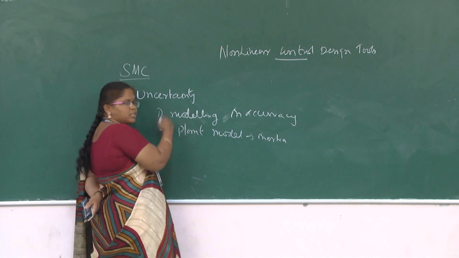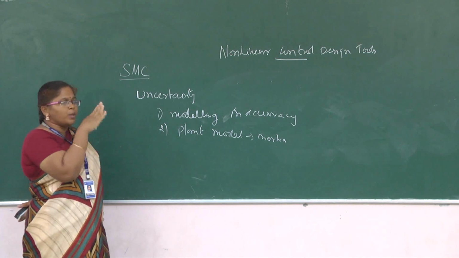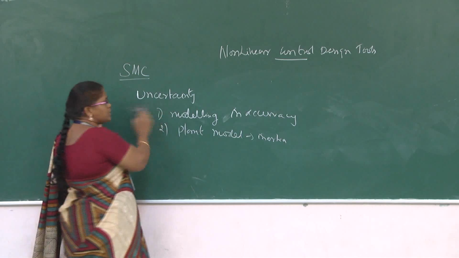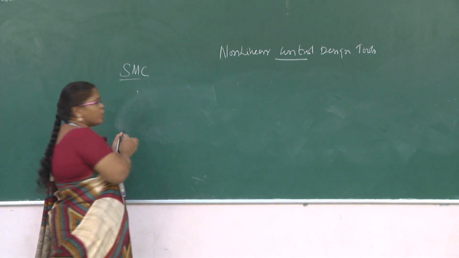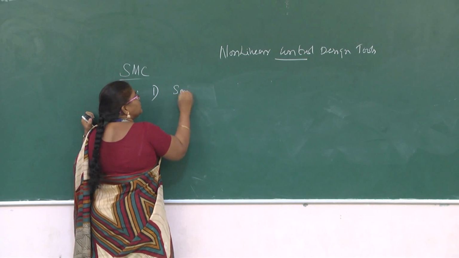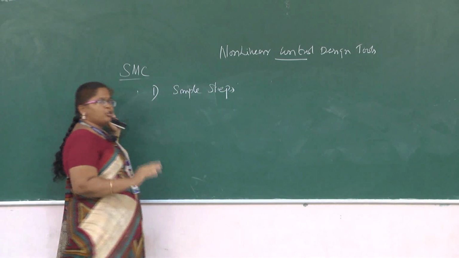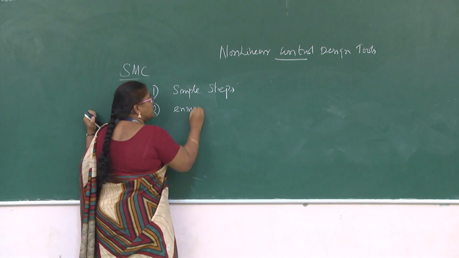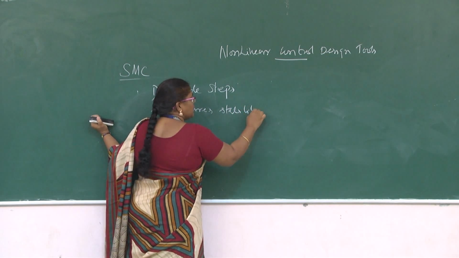So these are the two reasons we have non-linearity, which I can call uncertainty. Now we are going to see how sliding mode control addresses these uncertainties. First, the sliding mode characteristic is that it has simple steps, only a simple set of procedures. Second, it ensures stability.